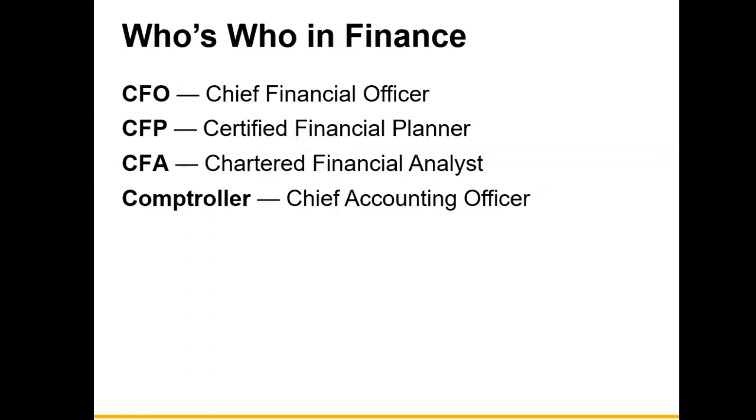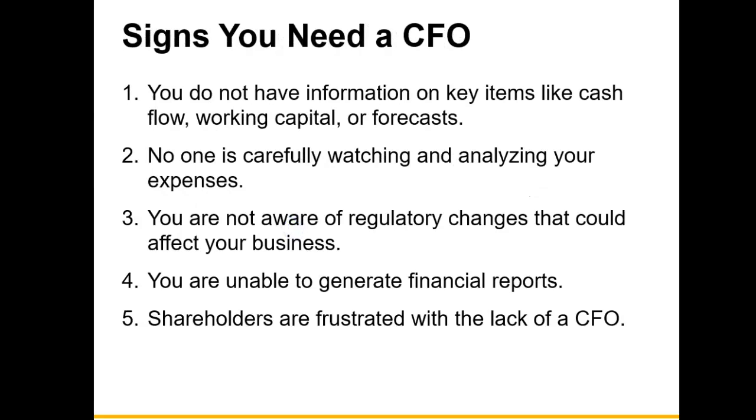A CFP will help you oversee your finances and make sound financial decisions. A CFA is a Chartered Financial Analyst. Typically, this person is going to work for a business organization and analyze the data of their firm. And then you have the comptroller, which is the chief accounting officer. These are some of the top positions in the field of finance.